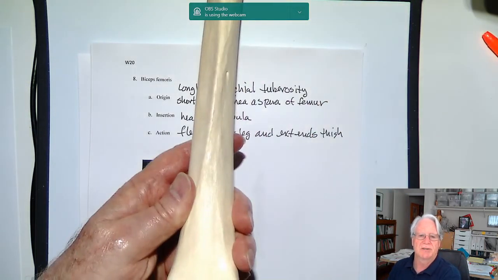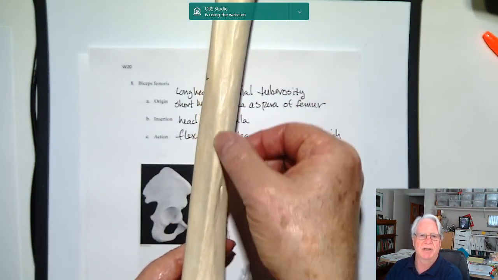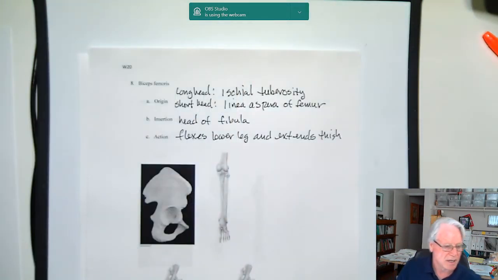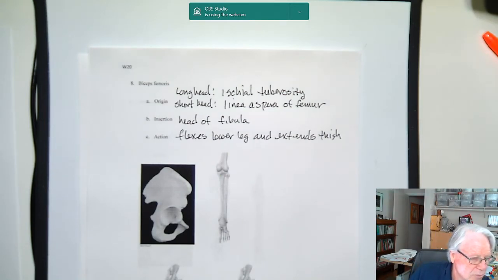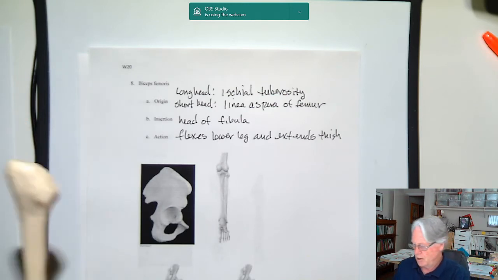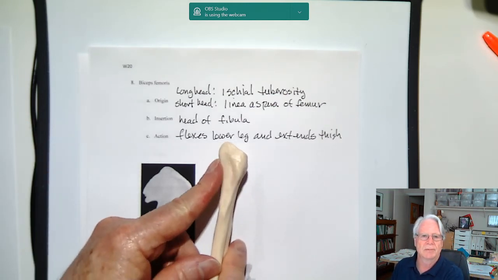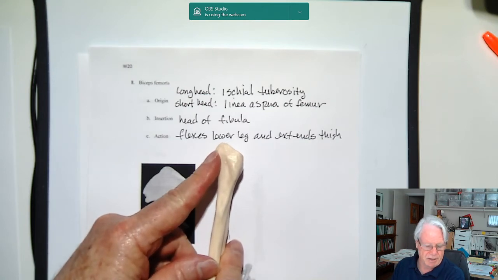Proximal, distal, and this is the posterior aspect. So we're going to have a line around here. And then we've got the head of the fibula, which is right here. That's where it inserts, right there.